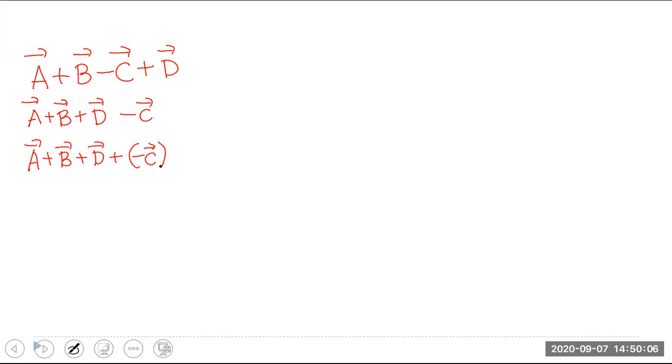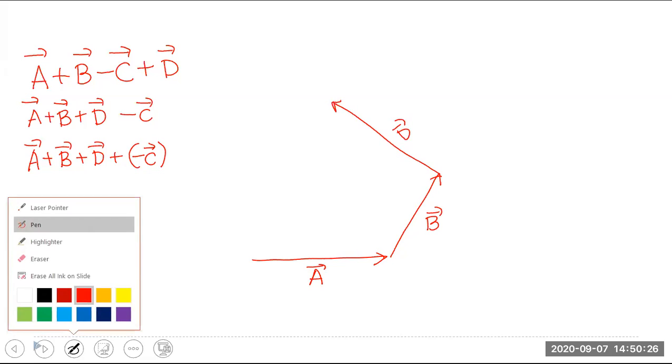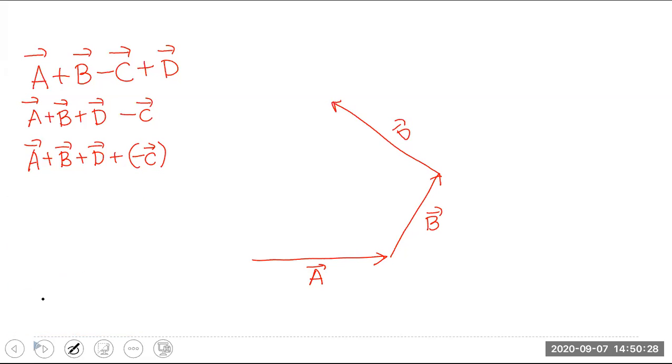So let's assume here's A. So I would draw my A in. Maybe my B goes like this. All right. Maybe my D goes this way, right? And then maybe my C goes like this.